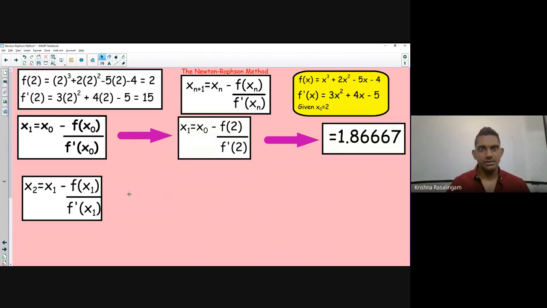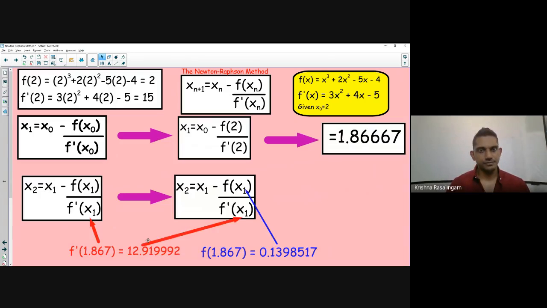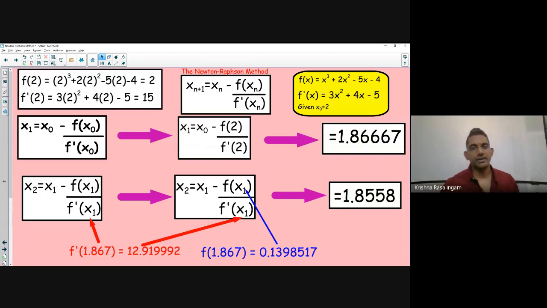Sub that in, I get this. x1 is 1.86 recurring. So the first part, when we sub that in, the final result gives us that x2 is 1.8558.